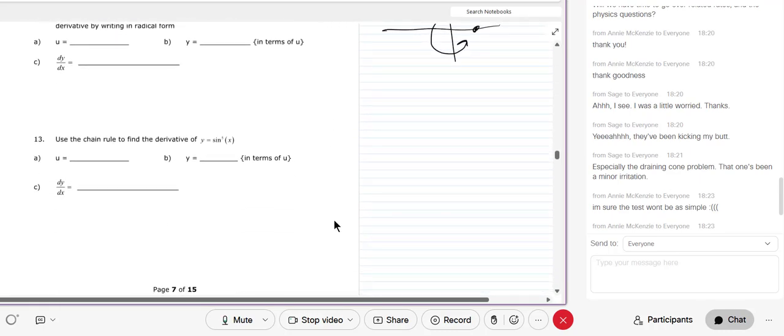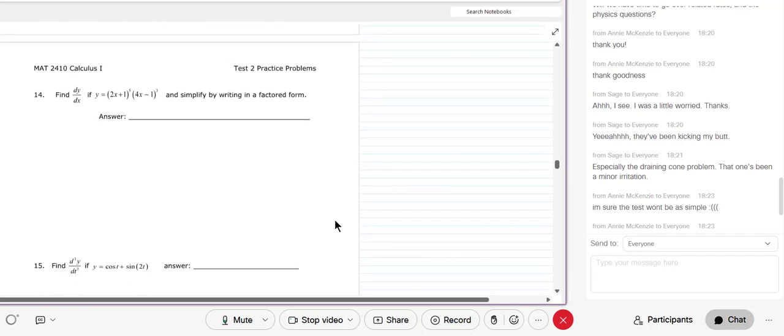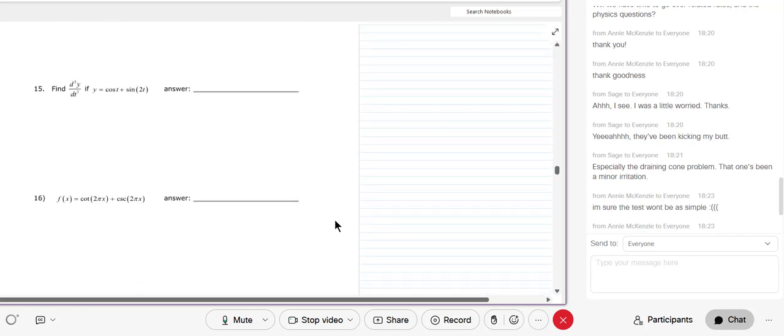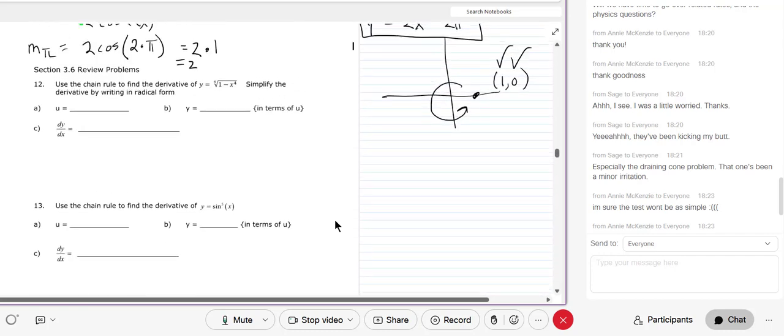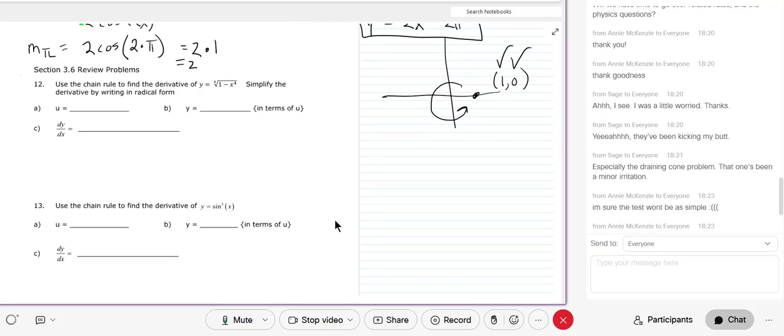On 3.6, there's quite a bit of chain rule going on in these problems. We want to go through 12 and 13 because typically what I do is I ask one question where you have to identify u and y and then do the chain rule in this format.